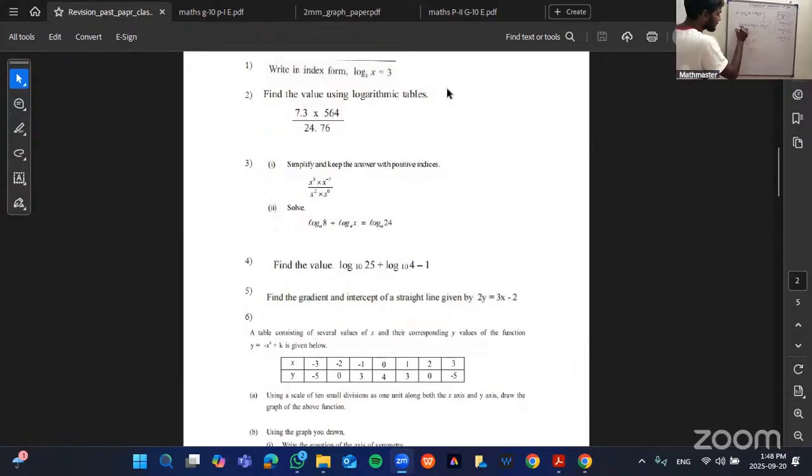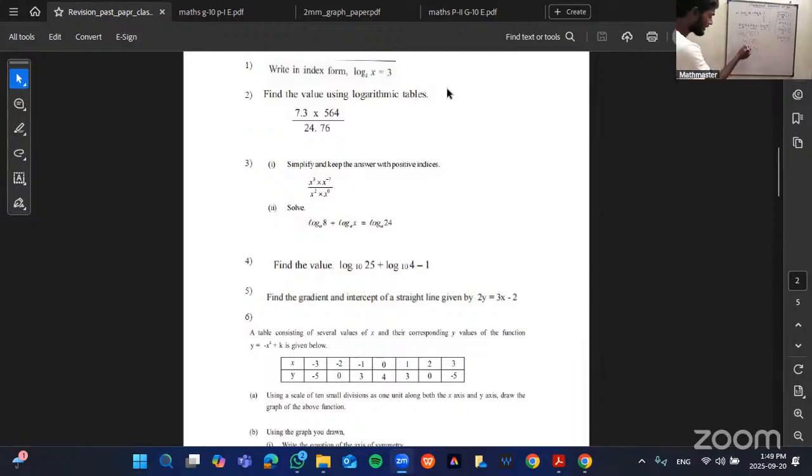What is the common value? Here we have log 10, here also log 10, and here also log 10. Then this common log 10 is taken out. When you add logarithms you multiply these two, 25 into 4, and when you subtract logarithms you divide by this 10. 25 into 4 is 100, and minus means divided by 10, so 100 divided by 10 is 10.